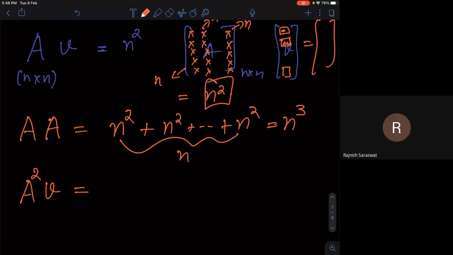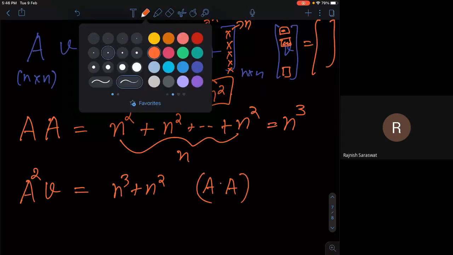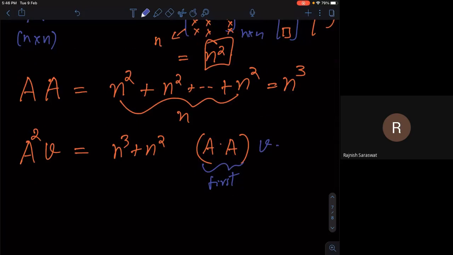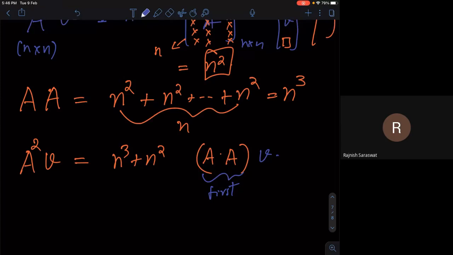N cube plus n square. And how did you do it? You first multiplied A with A, and then you multiplied with v. Okay. Any other method? A into AV.